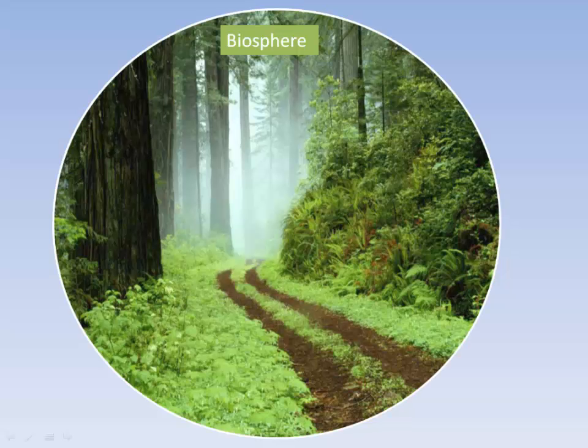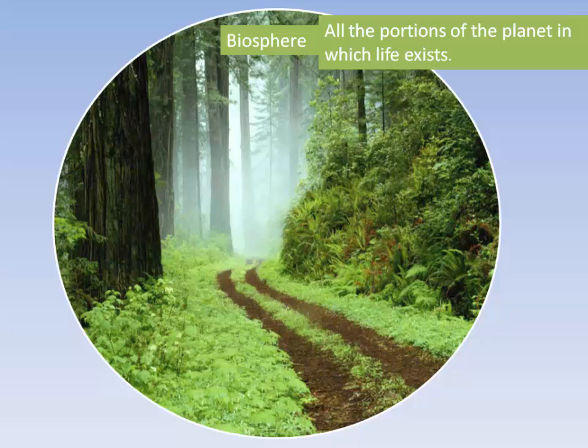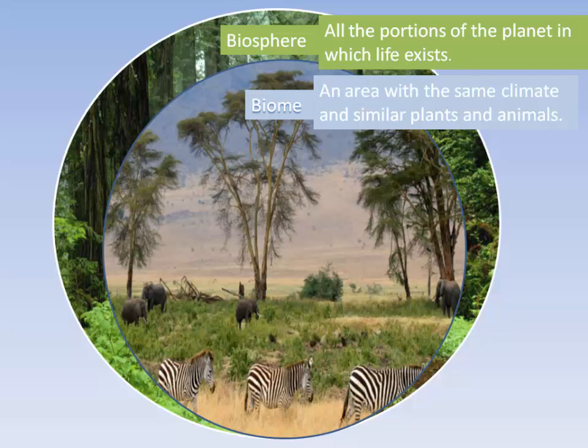When we look at the biosphere, we can break it into parts that make it easier to study. The biosphere is all the portions of the planet where life exists. It's all the living things on Earth. It's the easiest way to think about it. And a biome is an area with the same climate and similar plants and animals.